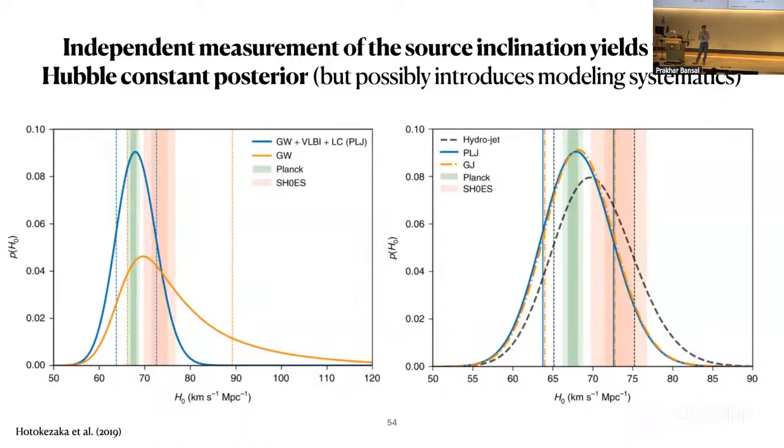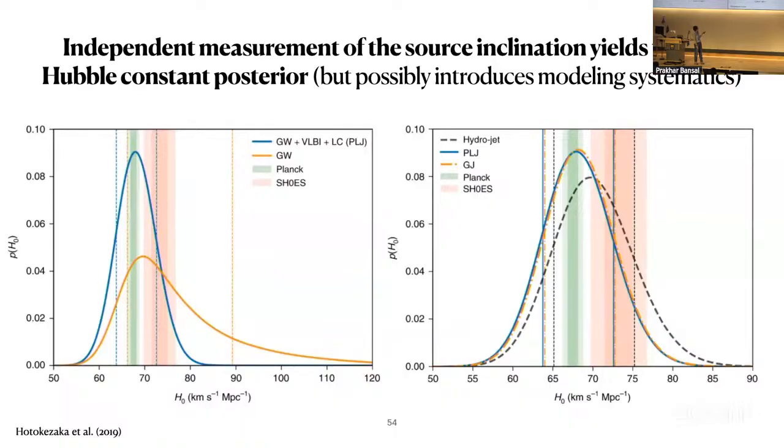They observed superluminal motion and then used that to constrain the viewing angle of the jet and therefore the inclination of the system. And here's the posterior that they get.